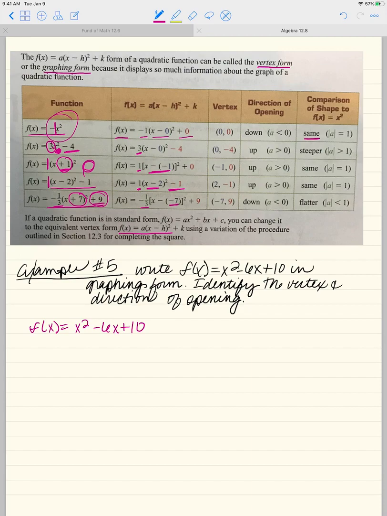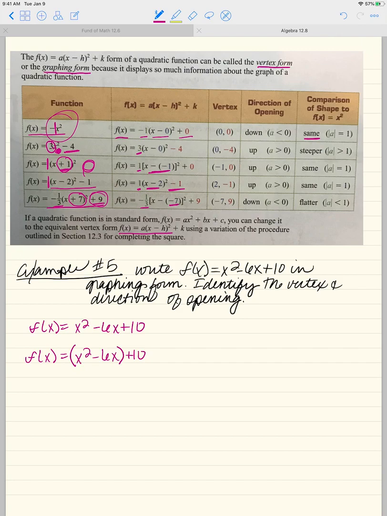Step number 1 is we group the ax² + bx terms. So that gives me f(x) = x² − 6x + 10. We are grouping the ax² + bx terms, okay? Step number 2 is to complete the square. So what's b in this case? b is −6, okay?